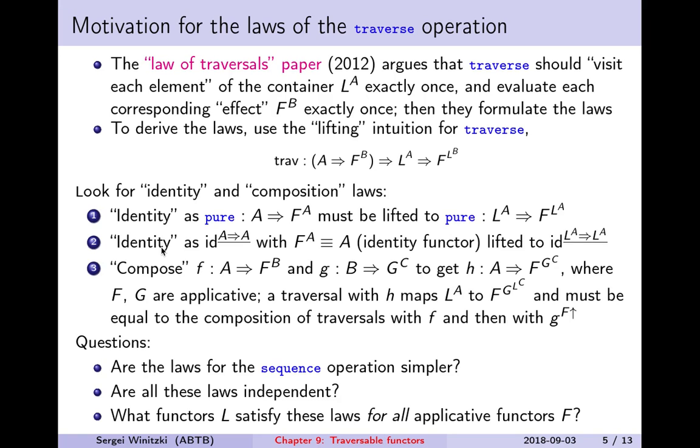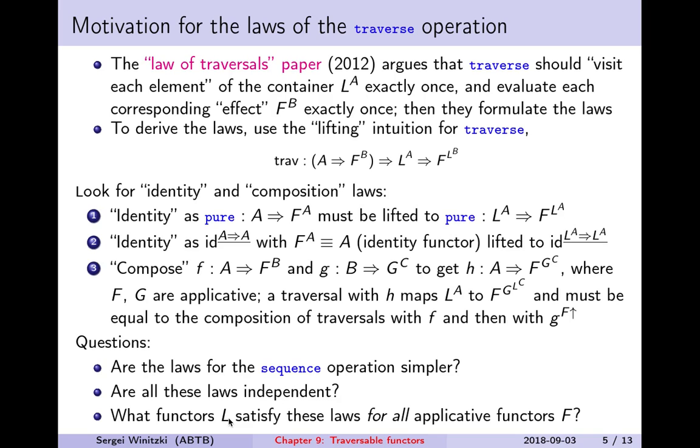Also, laws for sequence are probably going to be simpler, because in our experience so far, always we found that the laws became simpler if we consider the natural transformation instead of a lifting. So let's find those laws for the sequence.